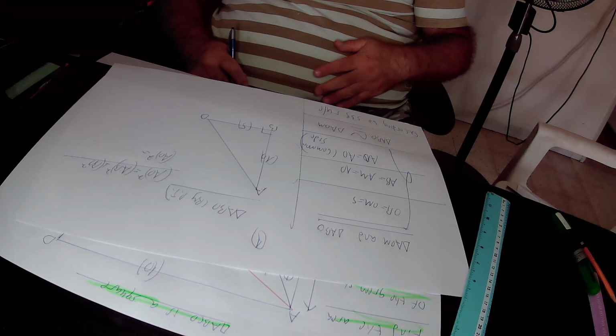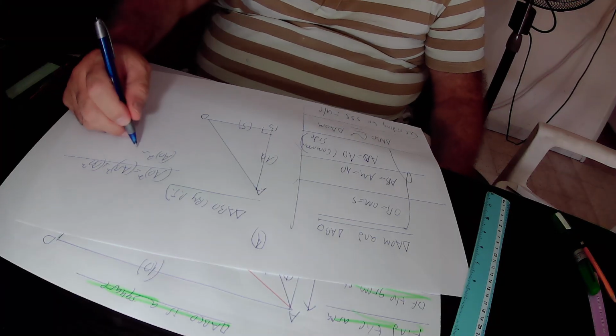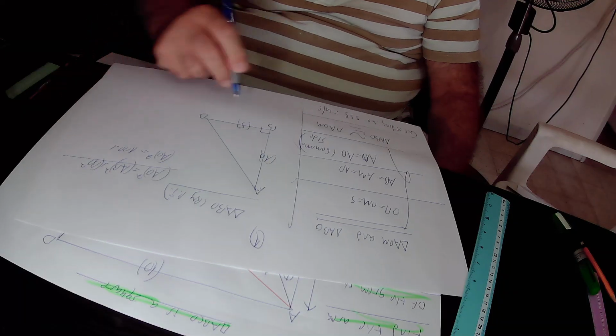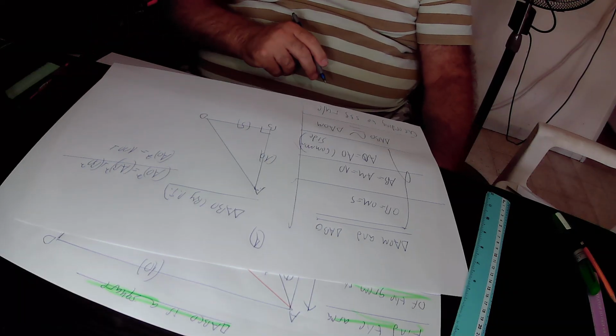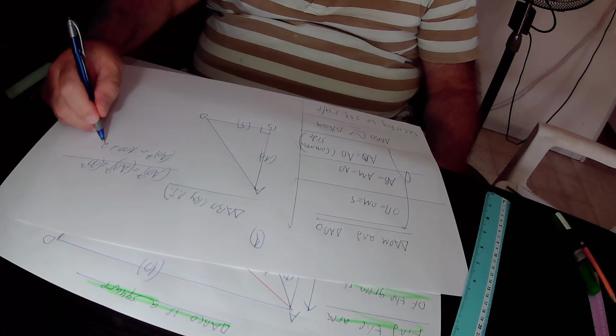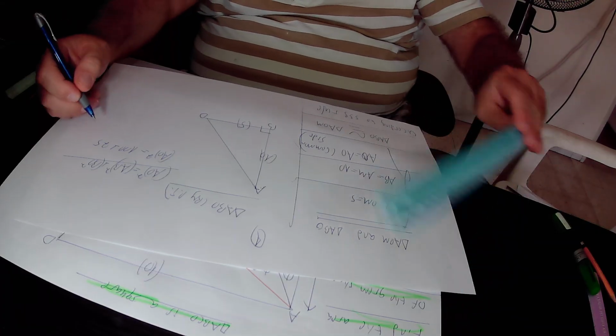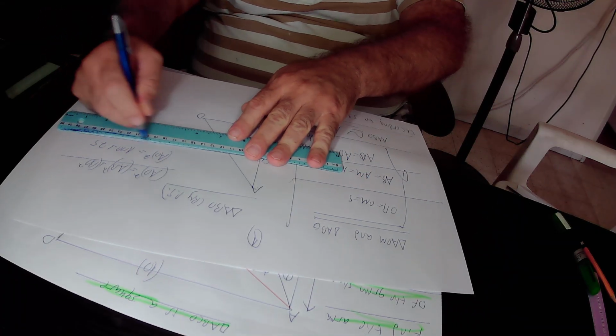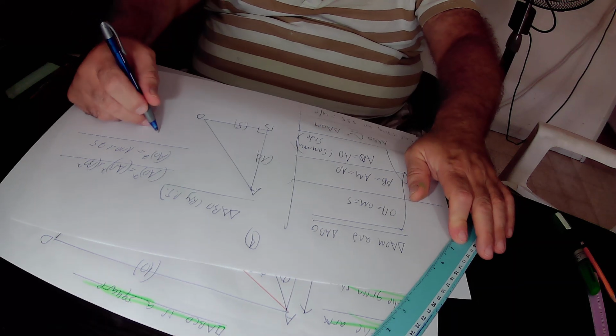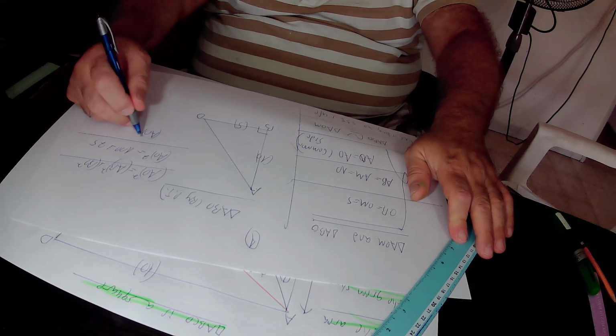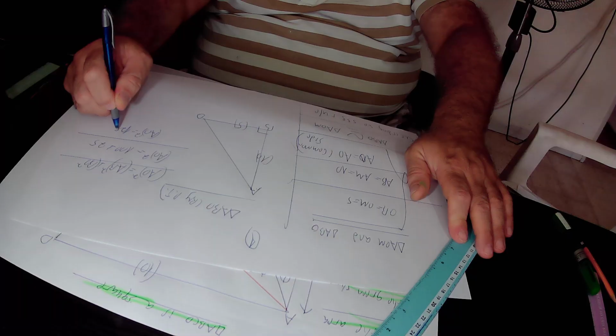AB is 10, therefore AB squared is 10 squared, that is 100, plus BO squared. BO is 5, therefore BO squared is 5 squared, that is 25. So in total AO squared equals 100 plus 25, that is 125. AO squared equals 125.